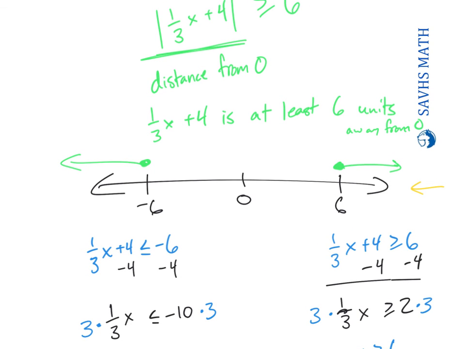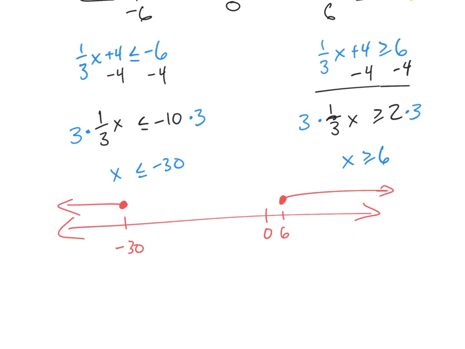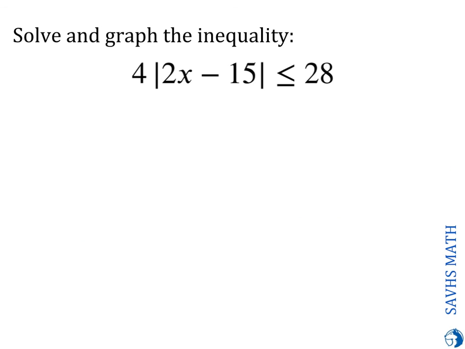I used this thing right here to think about what this absolute value expression means. And it means that it's at least 6 units away from 0. What that creates is all of this stuff. It creates two inequalities that I have to solve for x, and then I have to graph those at the end.